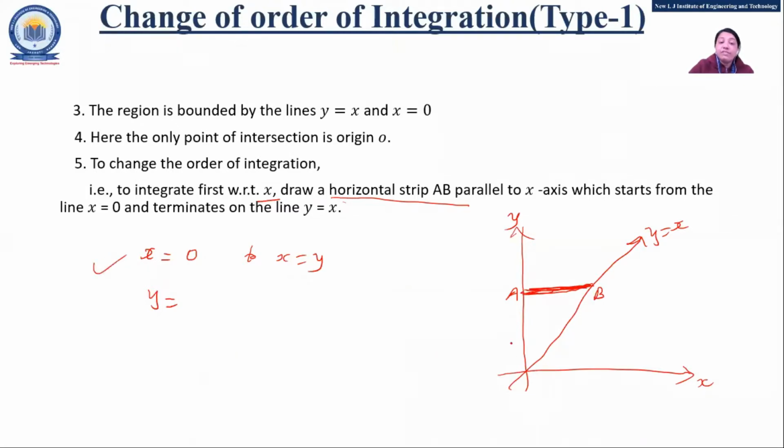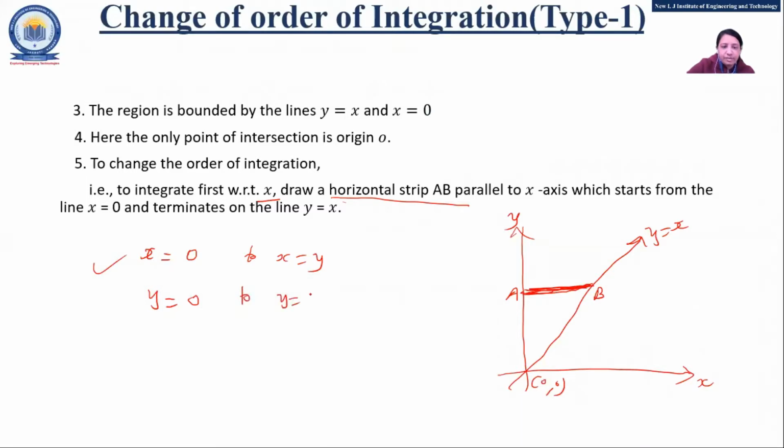And if you have a vertical strip, always write the limit for y. Now the limit for y: it starts from the origin, and this horizontal line will move from 0 to y equal to infinity, right?